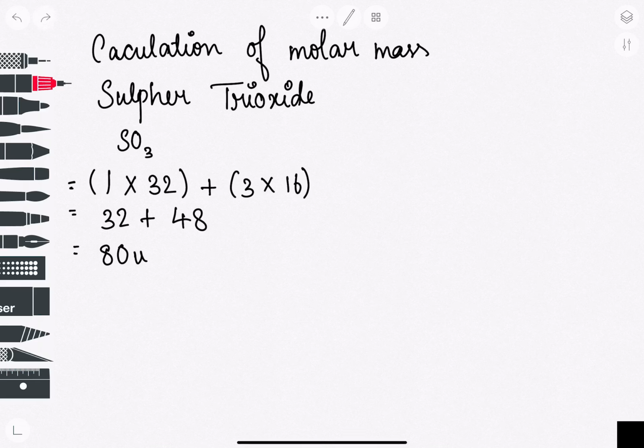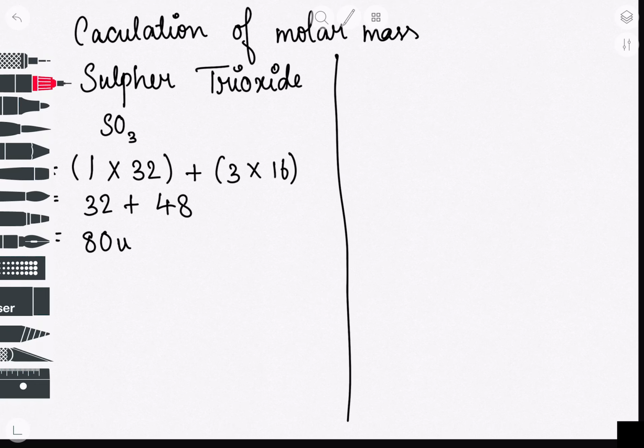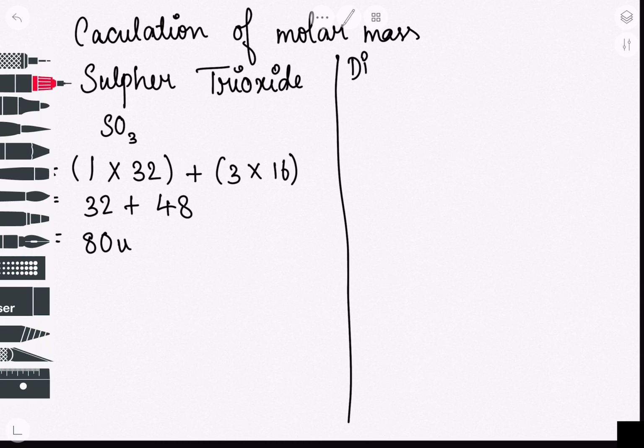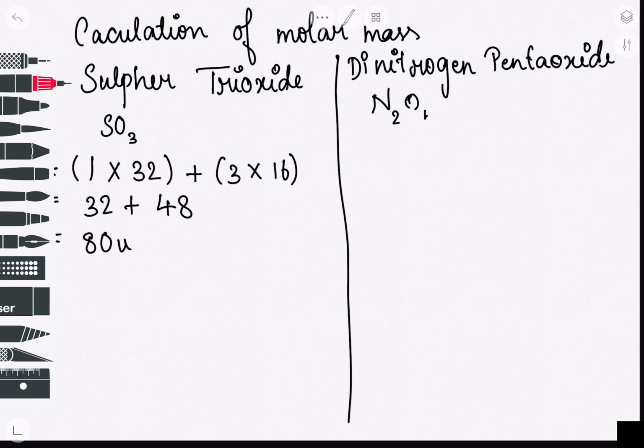So this is how we calculate. We'll see 2-3 compounds more to understand well. We'll see dinitrogen pentaoxide. The formula is N2O5.